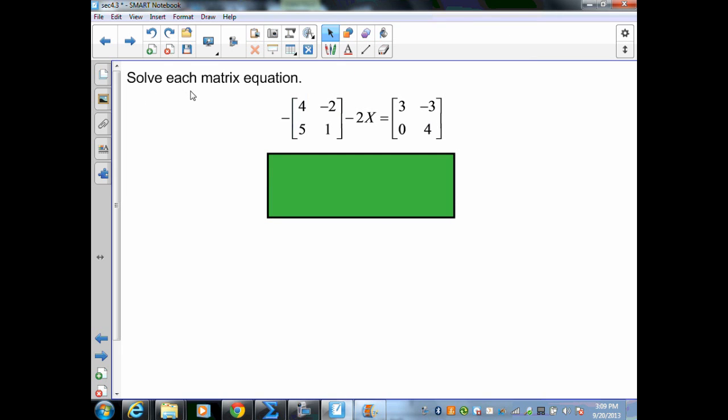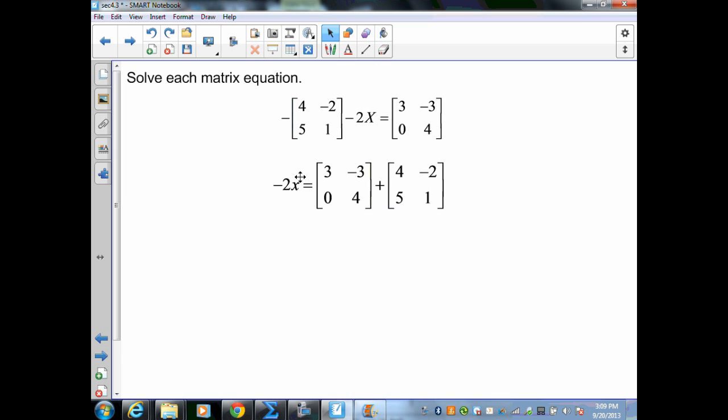On this example, I want to solve each matrix equation. I want to solve for my x. I notice that I have a negative matrix that is being added to it. Therefore, all I need to do is to add that matrix to both sides. So when I add 4, negative 2, 5, 1 matrix to this side, that eliminates this matrix. And now I just needed to add it to this side.